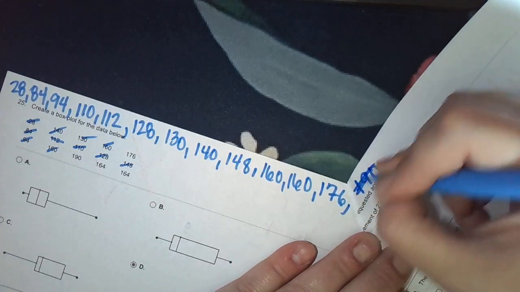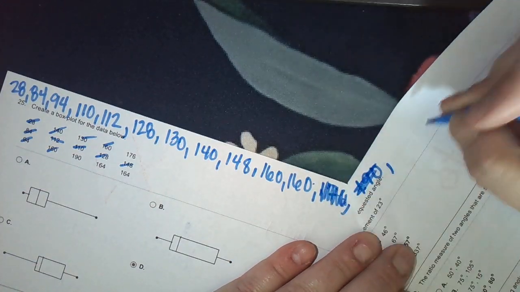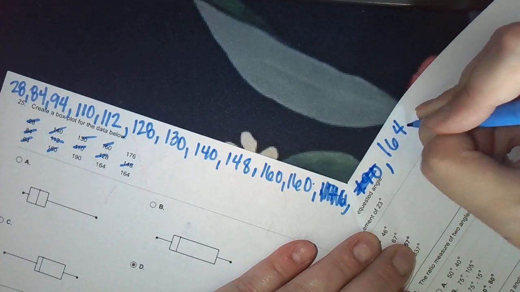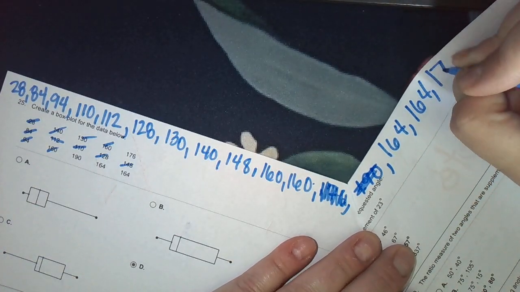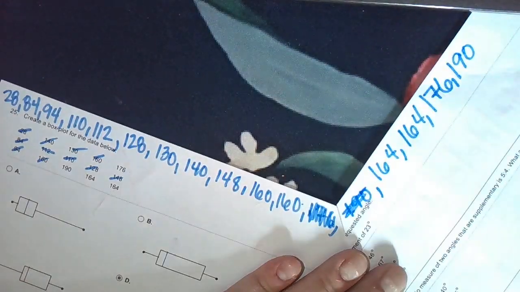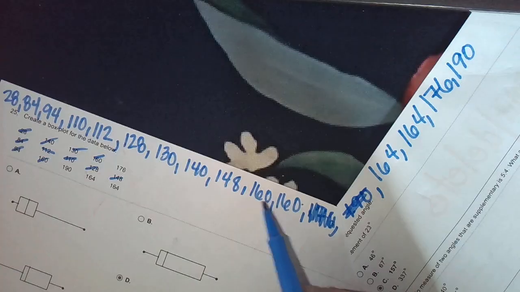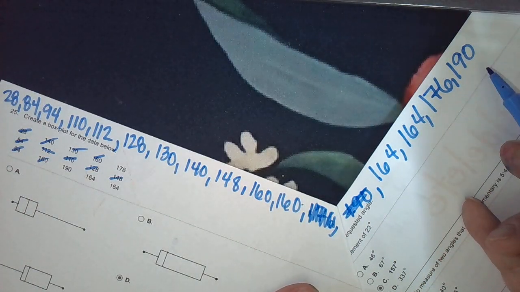No, wait. After 160, it's 164. My bad. Then 164. Then 176. Then 190. Okay, my bad. I had those out of order. So after the two 160s, we got two 164s, then 176, and a 190.